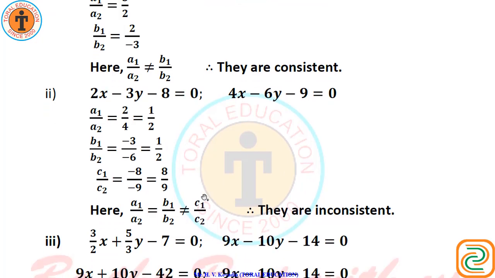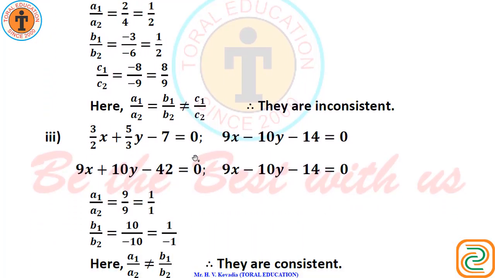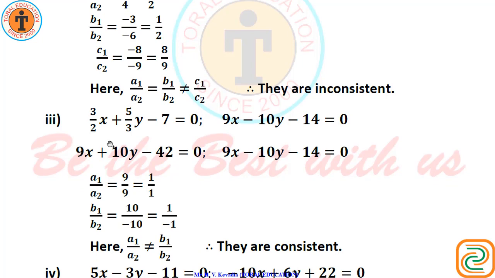These lines are parallel. Now question number 3: 3/2 x plus 5/3 y minus 7 equals 0 and 9x minus 10y minus 14 equals 0. Here 9x plus 10y minus 42, because 6 is the LCM, and 3 times 3 is 9, 2 times 5 is 10, and 7 times 6 is 42, equals 0.